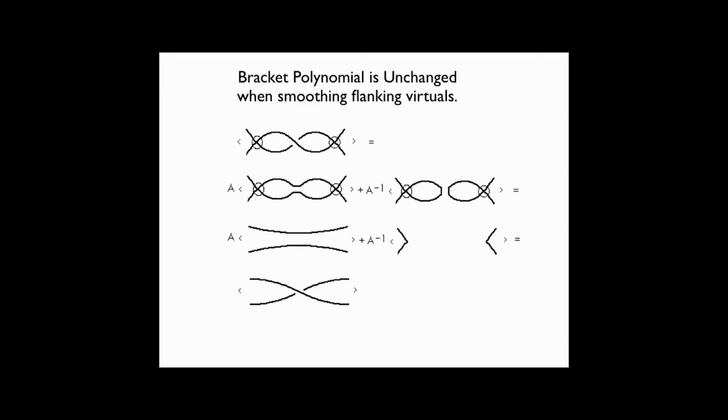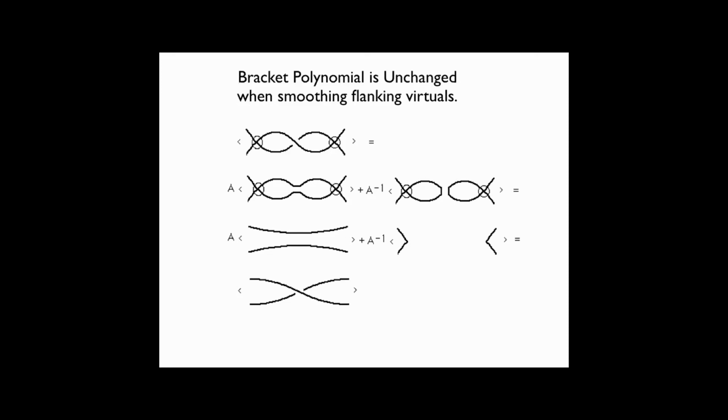When I smooth it one way, the A way, I get a Reidemeister 2 move on the virtuals, so it simplifies. When I smooth it the other way, I get a couple of flat curls, and they simplify. And so I get two standard smoothings that correspond to expanding an ordinary crossing.